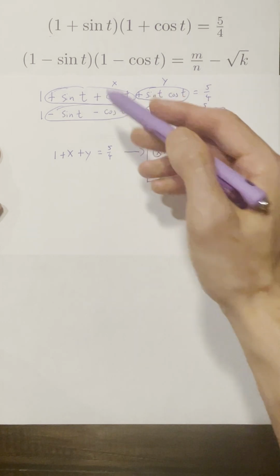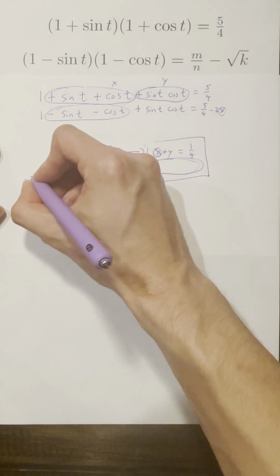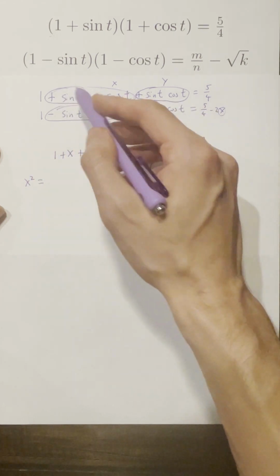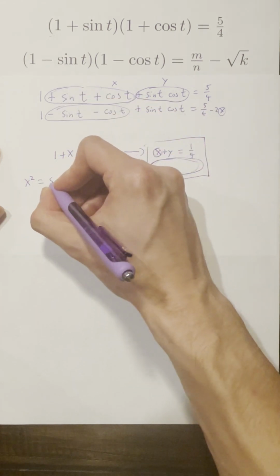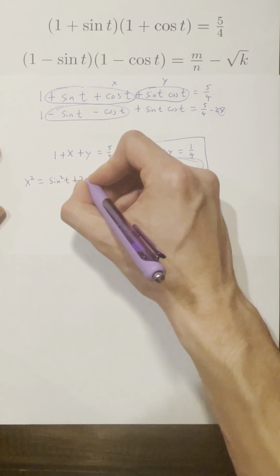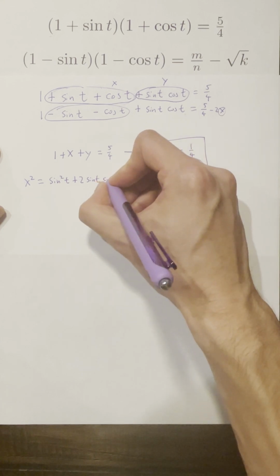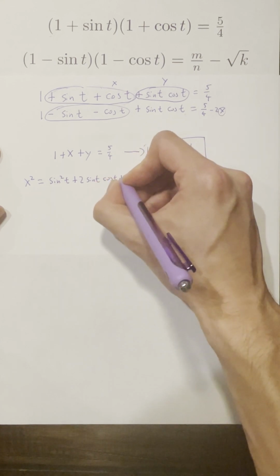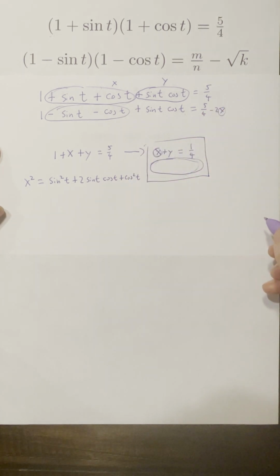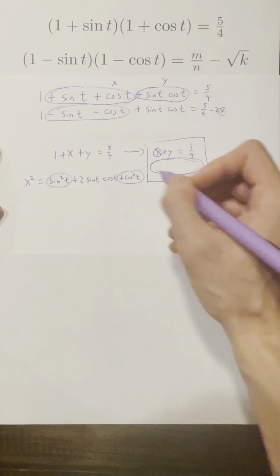Well, what happens if I square x? So x squared is equal to, if I square this expression, it's going to be sine squared t plus 2 times sine t times cosine t plus cosine squared t. Okay, and what's sine squared t plus cosine squared t?